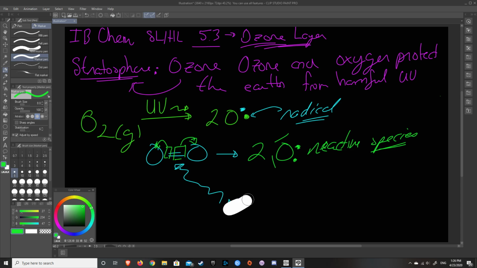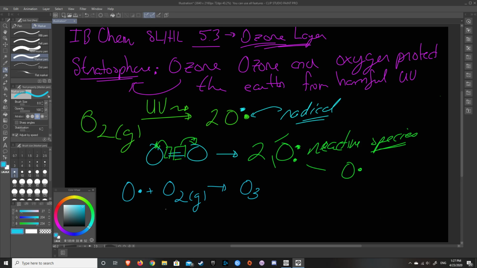So the next reaction that we see is that we take these oxygen radicals. This one, we don't draw it like a diradical. We draw it like this, just showing that it's a radical. So the next reaction is that we take this oxygen radical and it reacts with further oxygen in the air in order to form O3. What occurs there is that we've got an oxygen-oxygen double bond with some electrons.